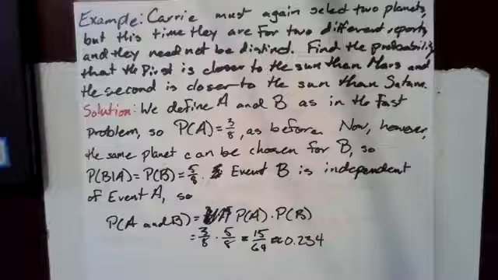Now, however, the same planet can be chosen for B, so the probability of B given A is equal to the probability of B, which is 5/8. Event B is independent of event A, so the probability of A and B is equal to the probability of A times the probability of B, which is 3/8 times 5/8, which is 15/64, or about 0.234.